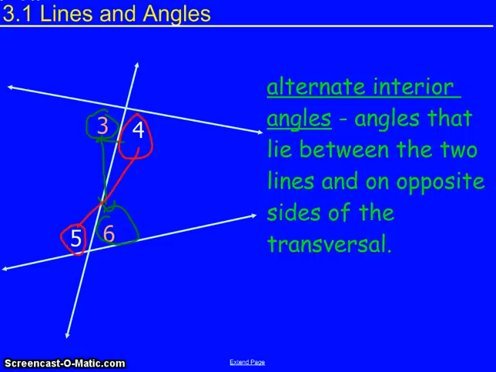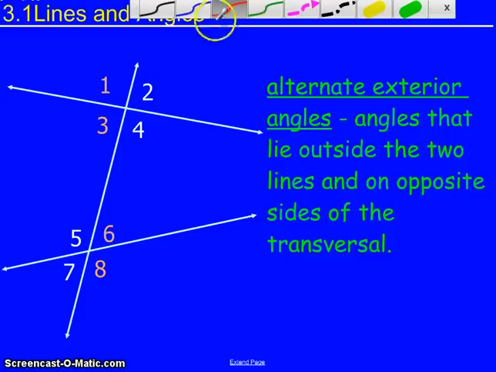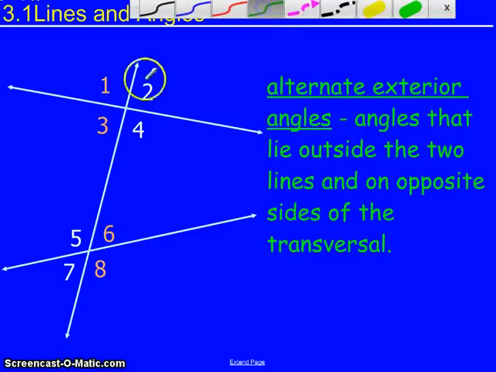So we're going to flip on to the next page real quick here and discuss the next one, which is alternate exterior angles. Now remember, alternate is still going to mean opposite sides of this transversal, but we're going to be on the outside because it's exterior angles. So looks like I should have left a couple of these out of here, but I guess you're not going to see the blue marked.